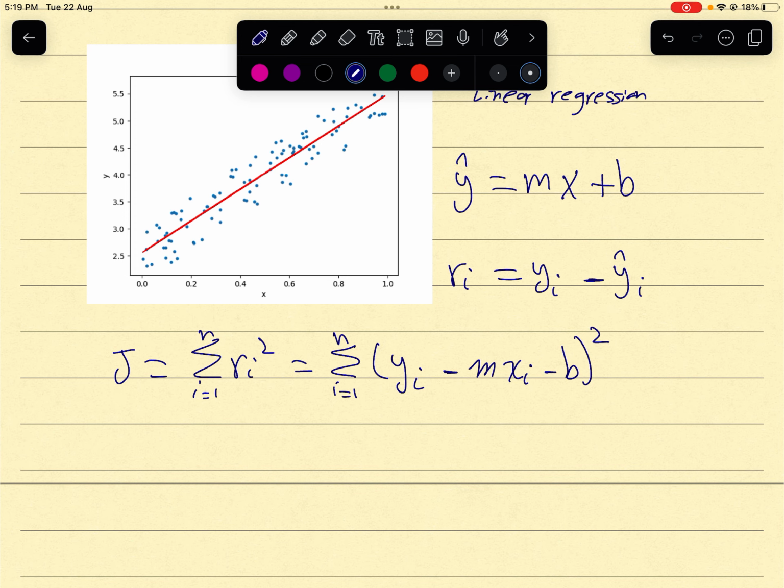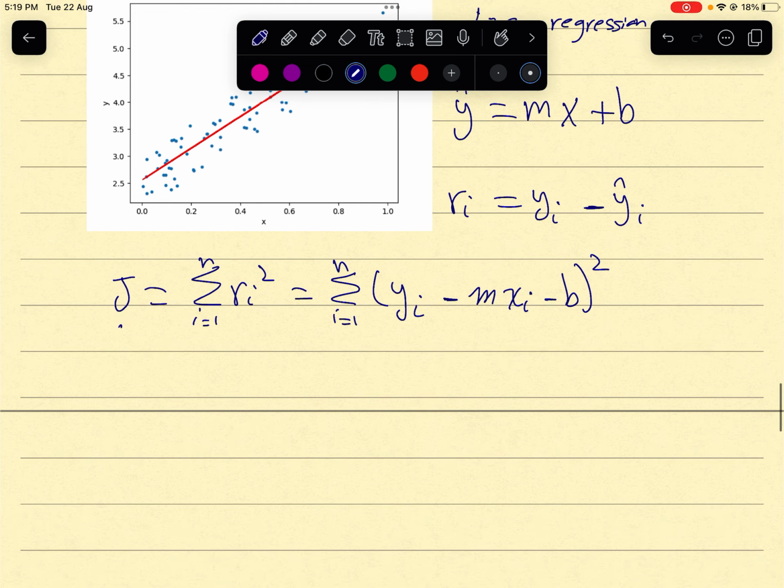So I will try to minimize this function to get the optimal values of m and b.